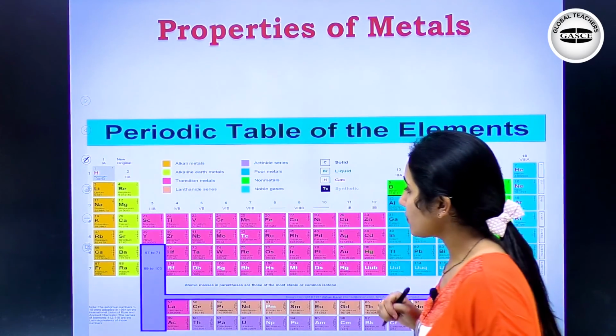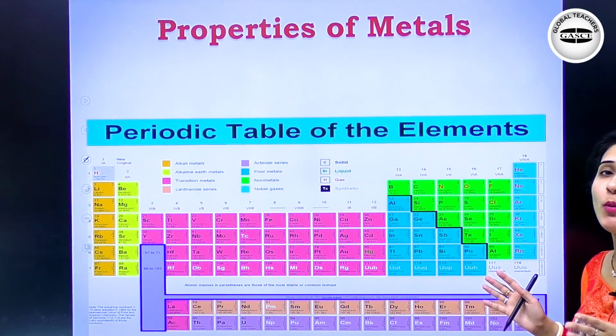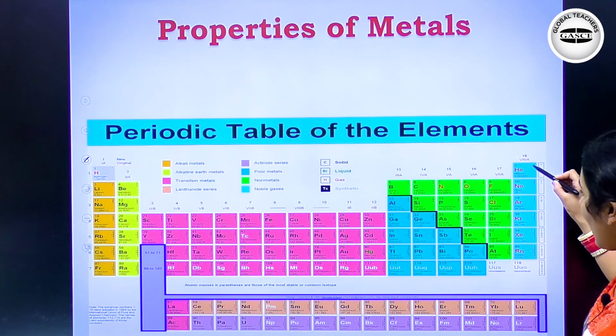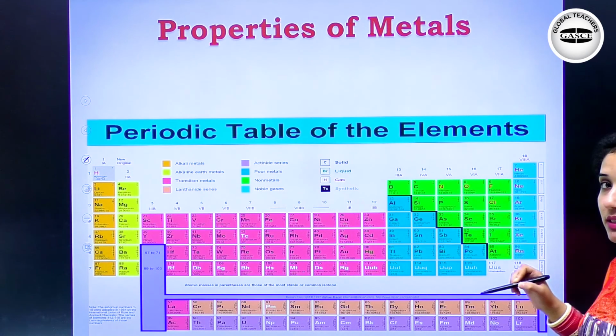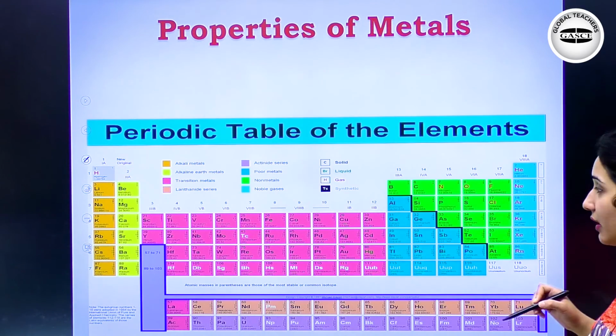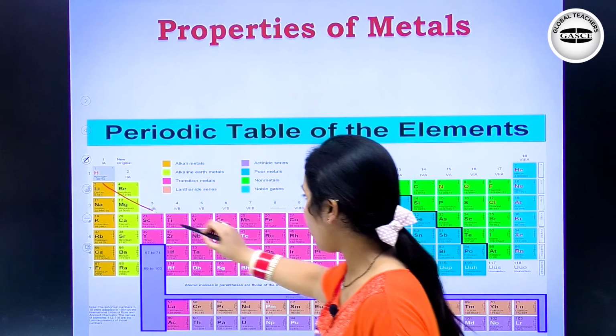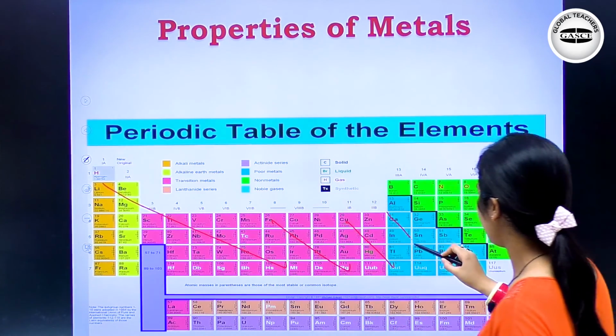Yes, this is a typical modern periodic table that we have today. Here we have, these are known metals. Remember that I showed you in the previous diagram, this whole section is metals.